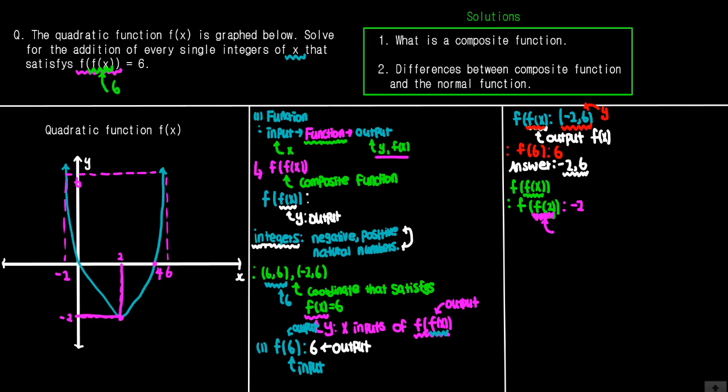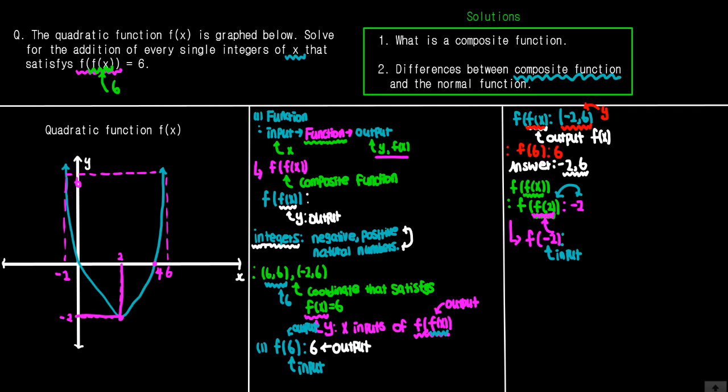But we are only counting f of 2 as negative 2, which means if we write our whole new function down, we need to calculate f of negative 2. And our output of our function, which was negative 2 from our f of 2, became the input of our new function. And this is how the composite function works.